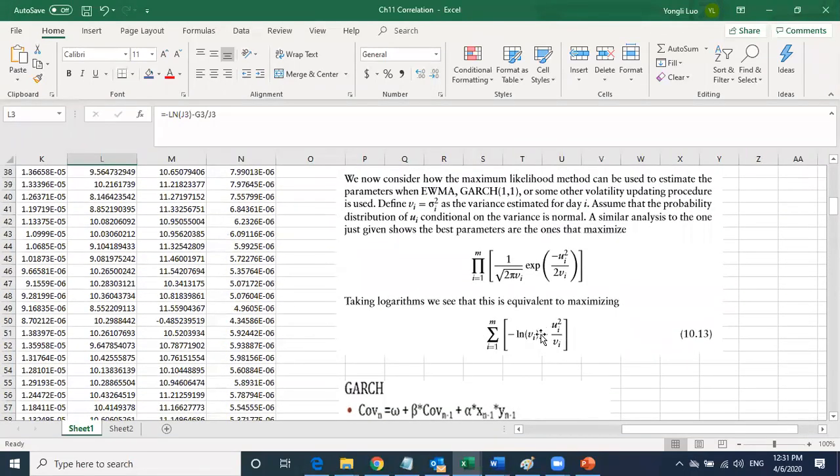Okay, this is formula 10.13, to estimate the long run variance: minus the ln of the long run variance, minus the squared return divided by the long run variance.